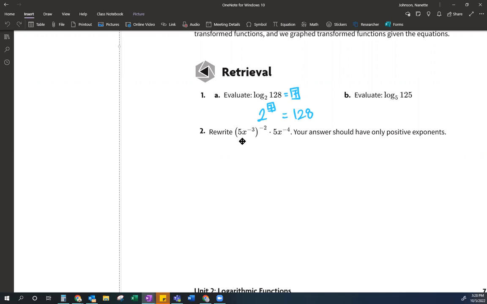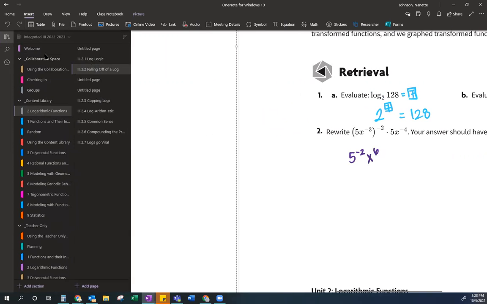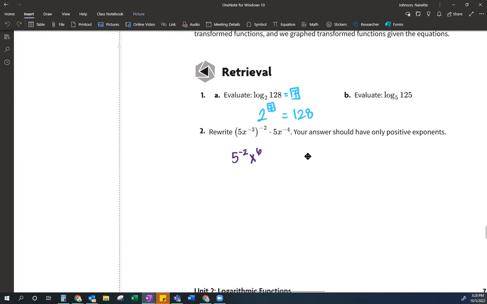So I multiply these exponents here. Okay, this one, don't be tricked, is going to be 5 over x to the 4th.